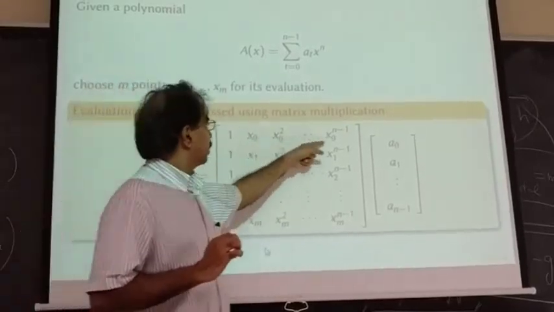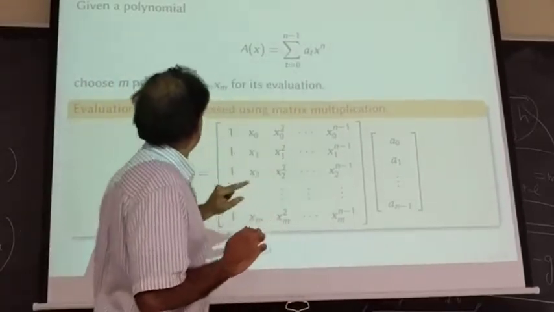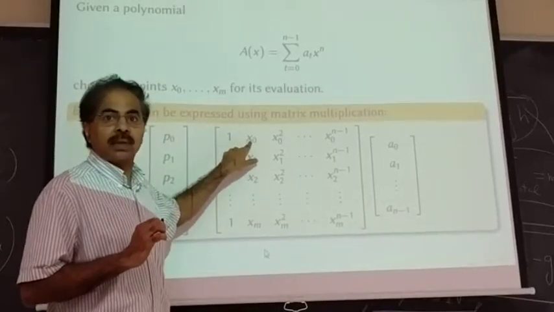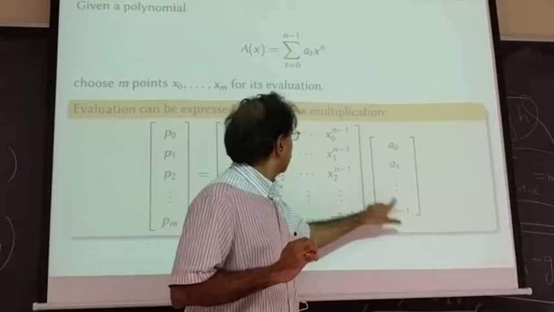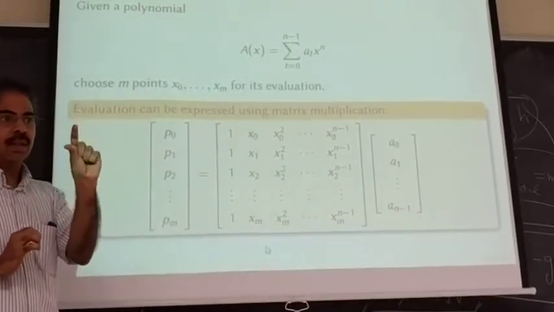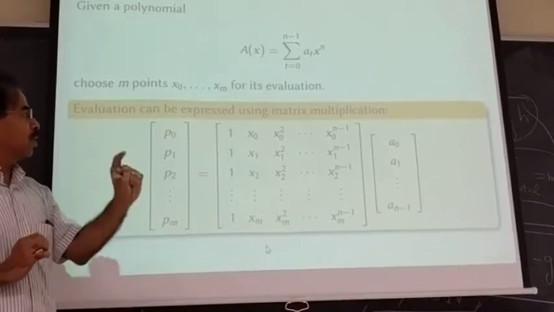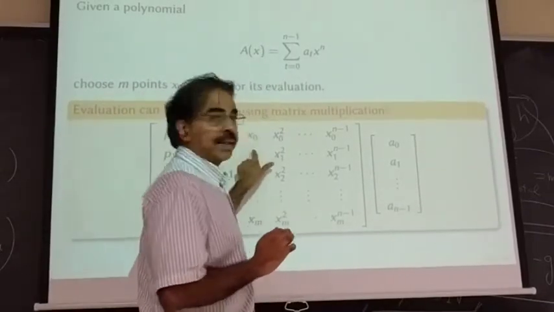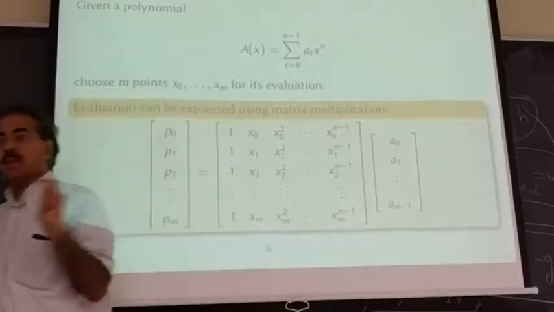So this is the evaluation of the polynomial at the point x0, correct? So this multiplication of this row by this column is going to generate one element in the output matrix, which corresponds to the evaluation of this polynomial at the point x0, right?